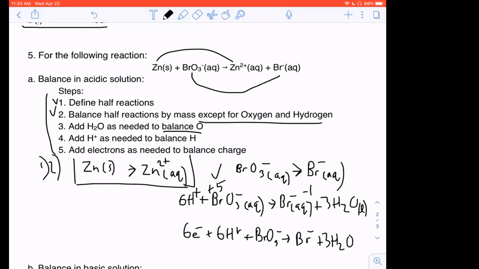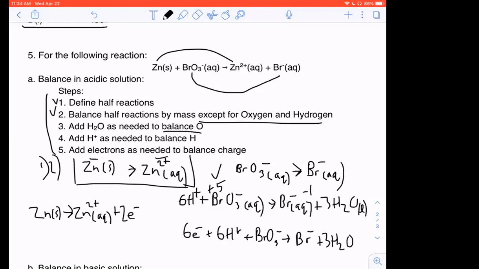However, looking at the charge, this side has a charge of 0. This side has a charge of 2 plus. So what we're going to have to do is add 2 electrons to the more positive side. So this reaction then becomes zinc solid gives you zinc 2 plus, aqueous, plus 2 e minus.